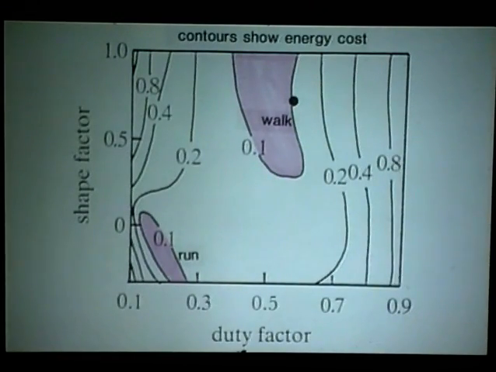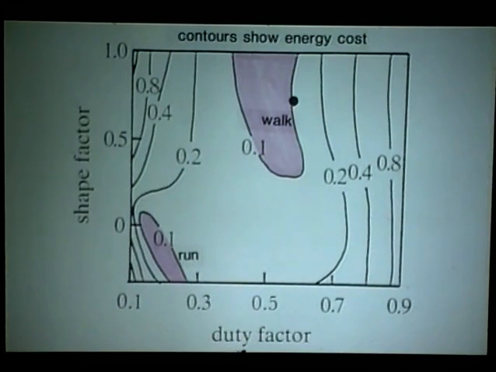Now let's turn to the slide again. The contours on the graph show the energy cost calculated from the model. And you see that I've colored in two areas where the energy cost is low. In one of these areas, up at the top, we've got high shape factor and a duty factor of around a half.